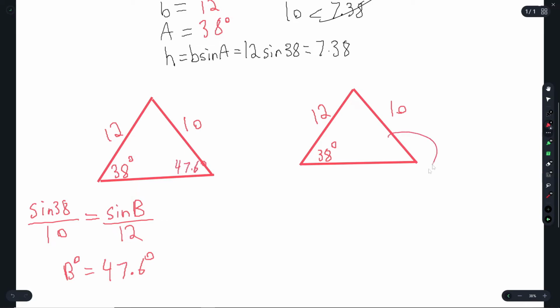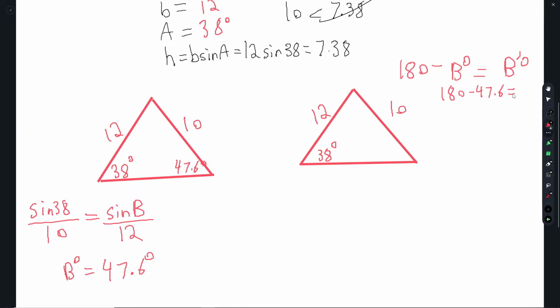So on the other triangle, what you would do is 180 minus the angle you have minus b will give you b prime, or b for the second triangle. So 180 minus 47.6 will give you 132.4.